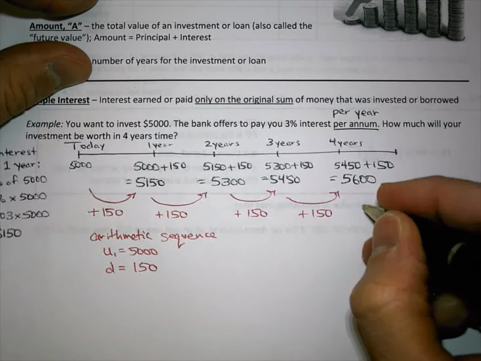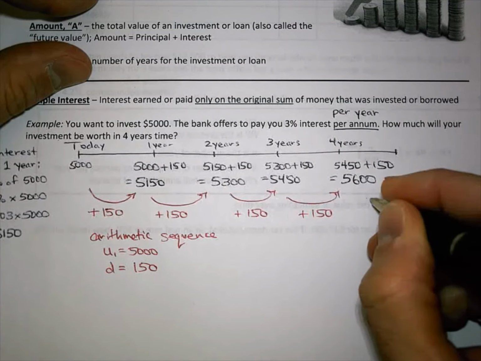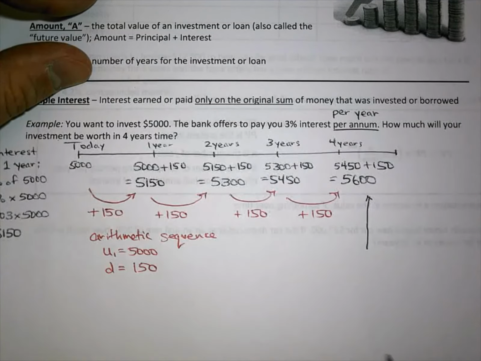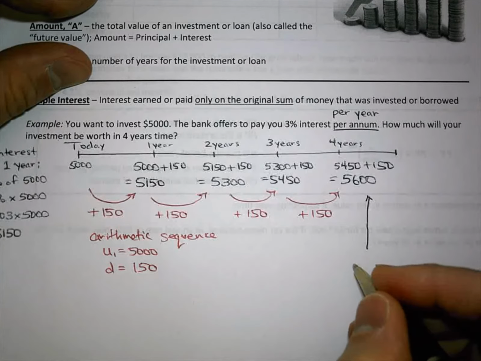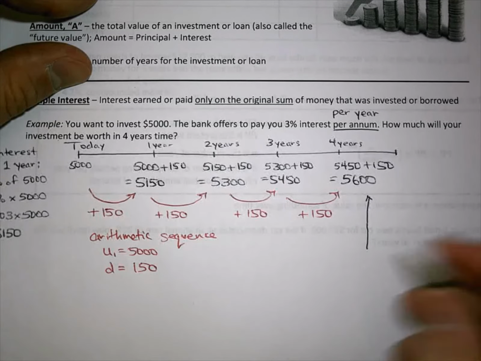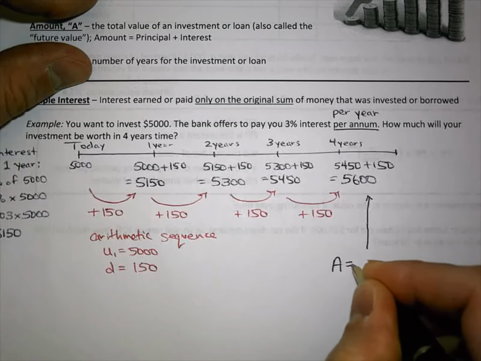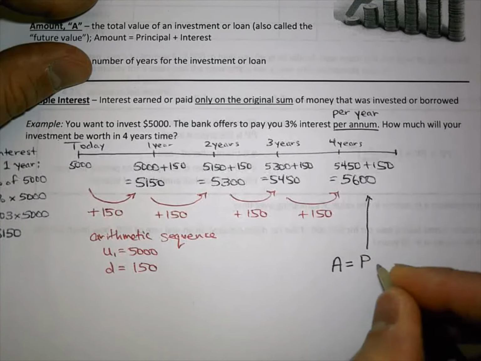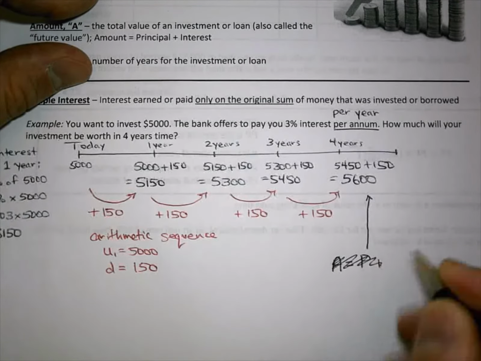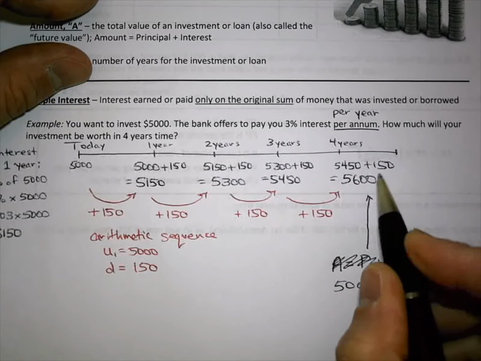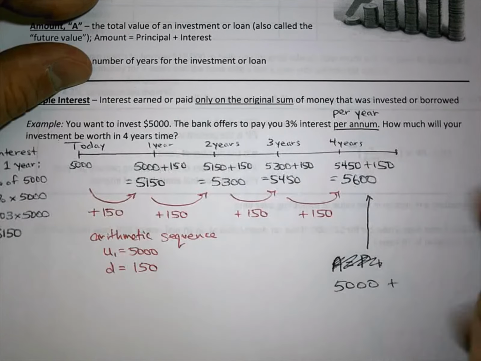Now I don't want to dwell too much on this, but if you want to shortcut it, this is essentially the amount is equal to the principal that I had plus, actually let me write this out this way. So I have $5,000 to get here, plus I added 150, 1, 2, 3, 4 times.